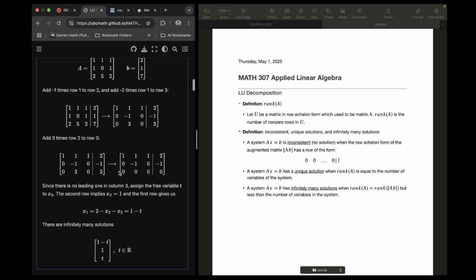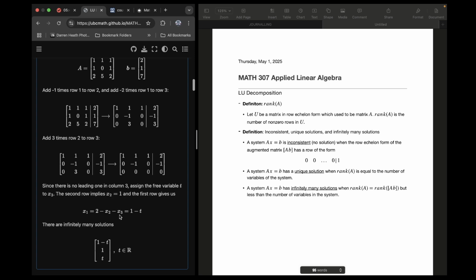So if we make x3 the free variable, x3 equals t. We can write all the other variables in terms of t. x1 is equal to 2 minus x2 minus x3.